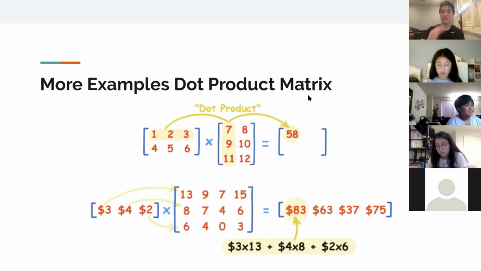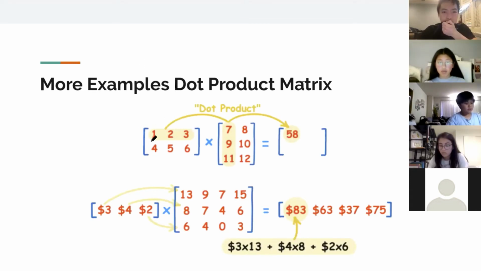All right, examples, right? So here we look, you take each row, multiply it by this column, and that's this. Let me change colors. So if I do this row by this column, that gives this spot. If I do this row dotted by this column, that gives me that spot.